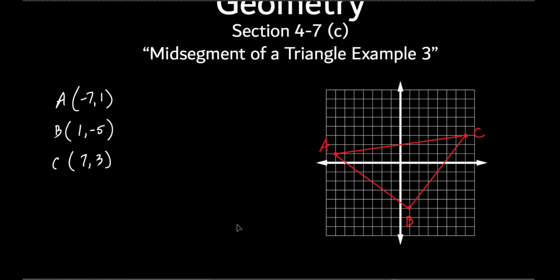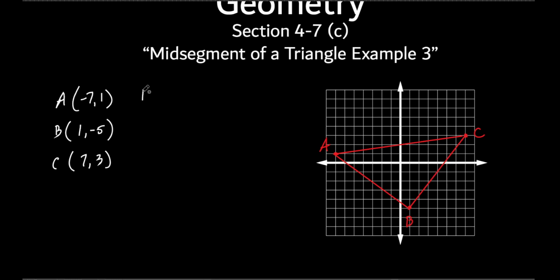All right, so we got that triangle. So again, it says in example 3, use example 1. So this is example 1. And in example 1, I think we had to find the midpoints. And I will just show you what our midpoints are, instead of doing the work, because you've already done it before, so we're not going to do it again.